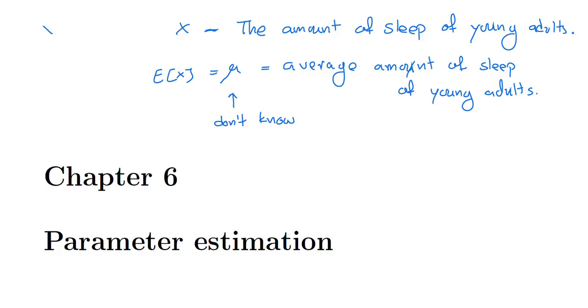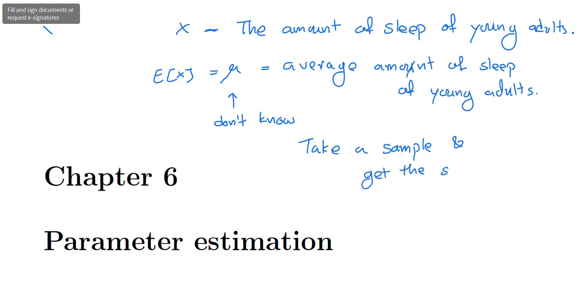Rather than just doing a random guess, we can take a sample. That means I select, let's say, 15 of you, record how much sleep you had last night and take the average of it. Take a sample and get the sample average, and call it X bar.